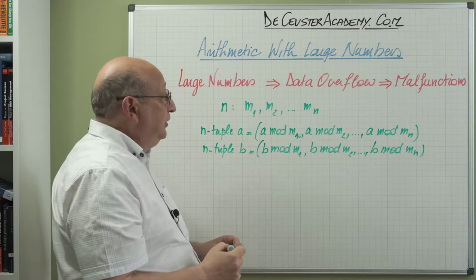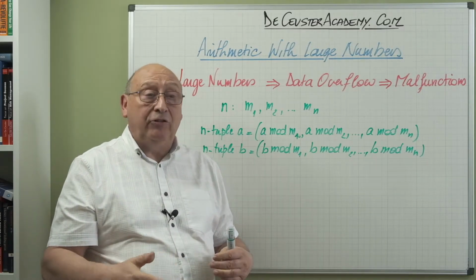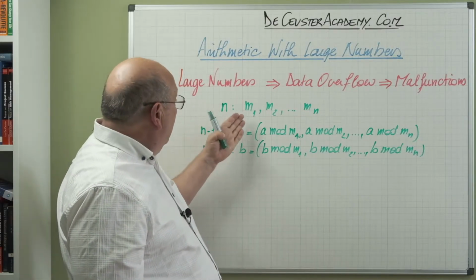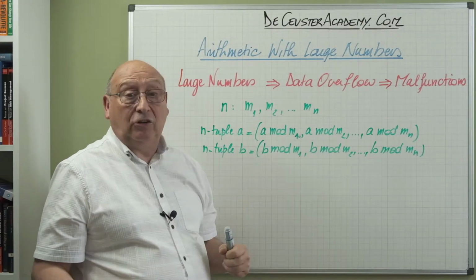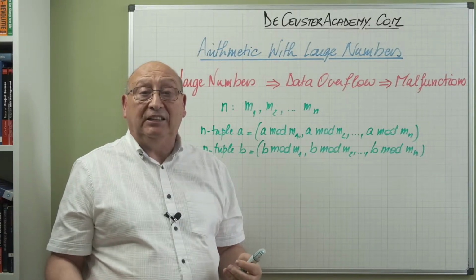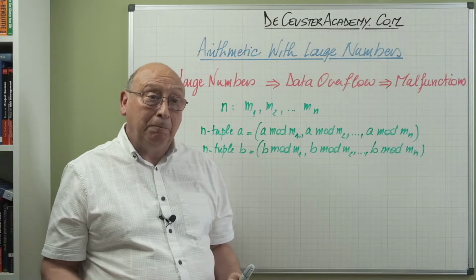The number of divisors I select will depend on the size of the numbers. More divisors, a larger n-tuple, a larger value of n, will give the possibility to work with larger numbers.